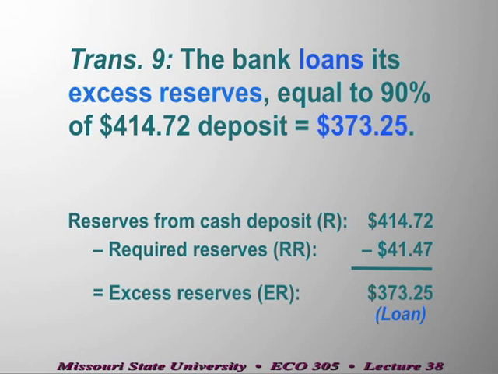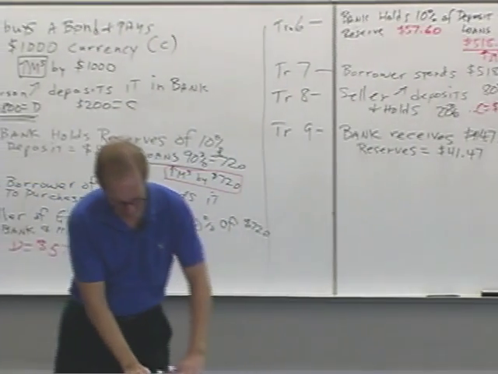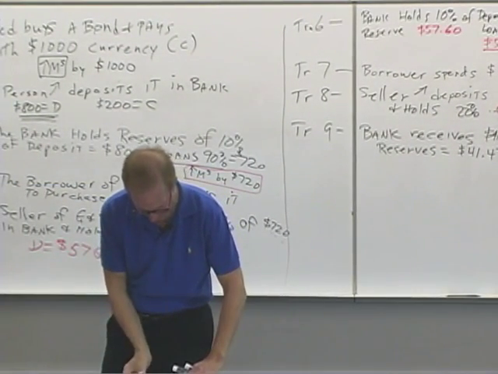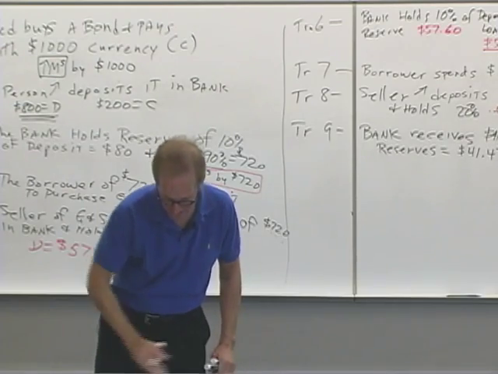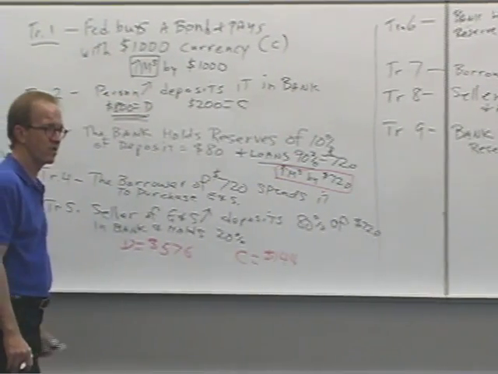And loans $373.25. Is this right? I think it is.